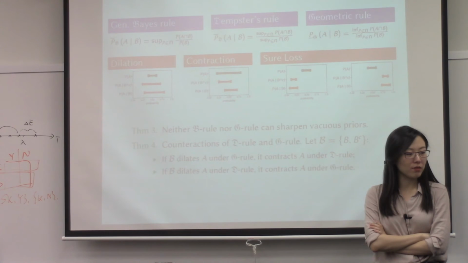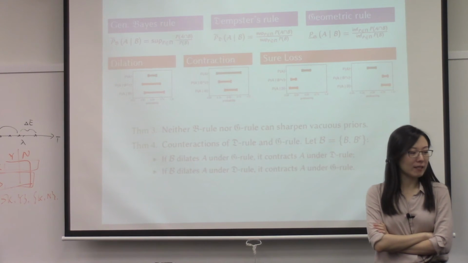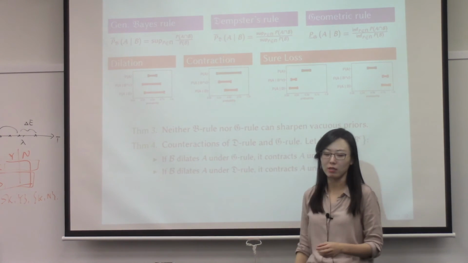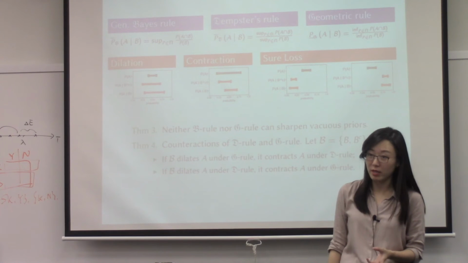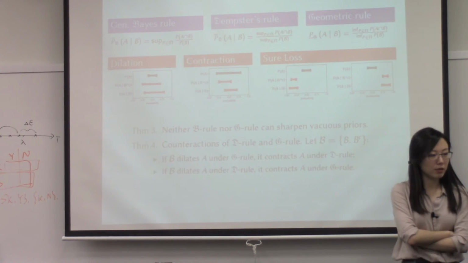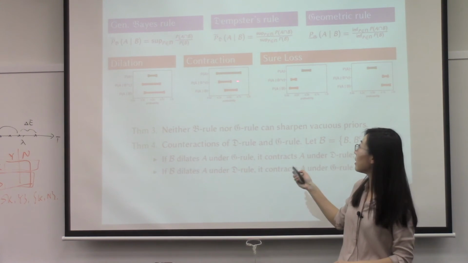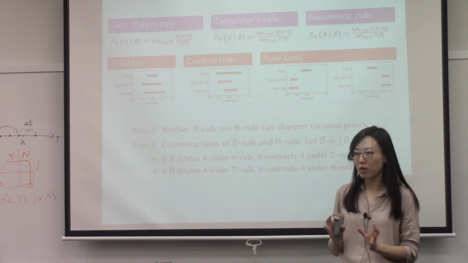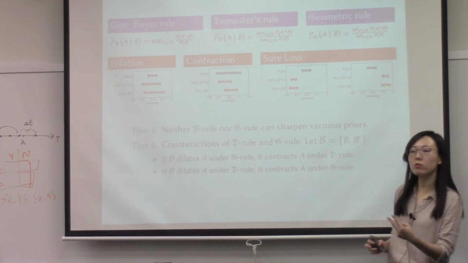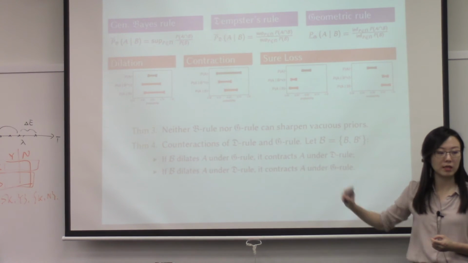And the fourth one is a very interesting thing. Again, because we just said that contraction and sure loss are more problematic decision theoretically, because supposedly you could be getting into these incoherence troubles. But this theorem is essentially saying that dilation and contraction are not too far apart from each other, if you look at what the rules would do with them. Supposedly working with a binary partition, as we did with the snowboarding and skiing case.